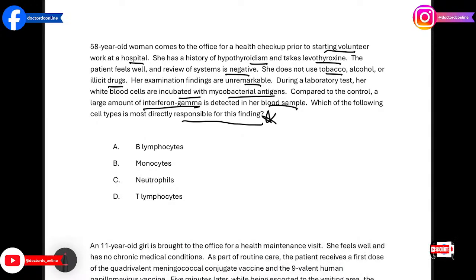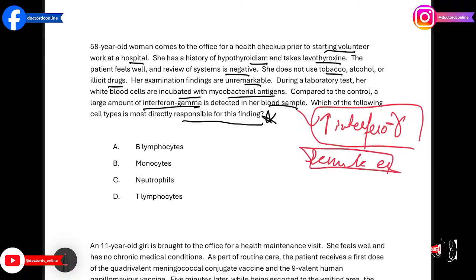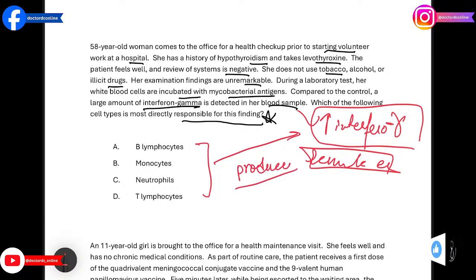Guys, now what are they asking? They are asking, in this patient, about the increased amount of interferon-gamma. It's not a conceptual question, just a thing to remember. Do you know which cells produce interferon-gamma? Interferon-gamma is produced by T lymphocytes. It activates macrophages, increases major histocompatibility complex expression, and promotes T helper 1 lymphocyte differentiation.